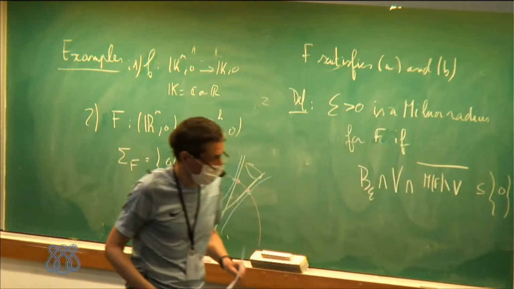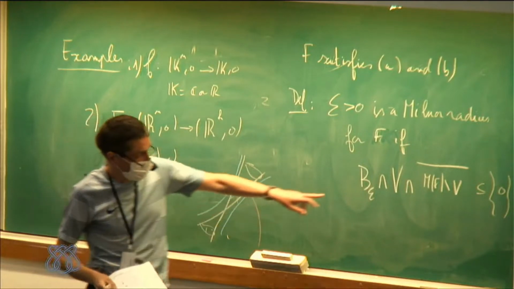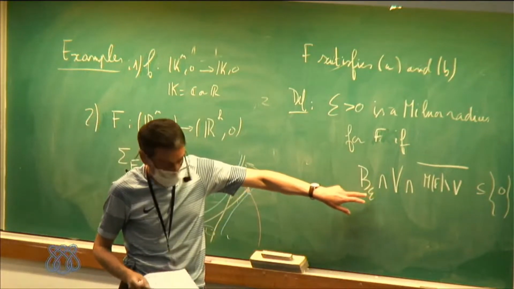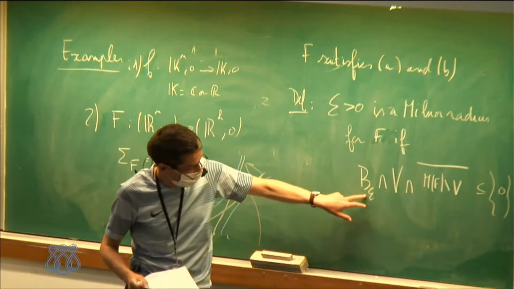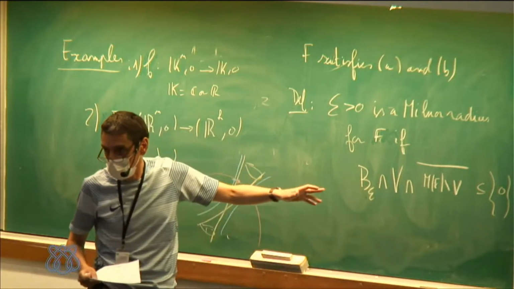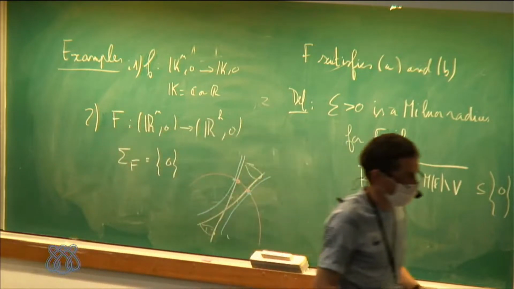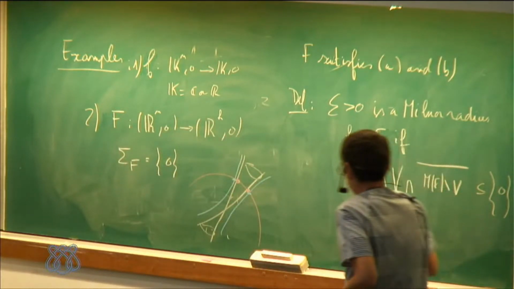Okay. Then in this situation, the small levels of F intersect the sphere transversally, because we have condition B satisfied.